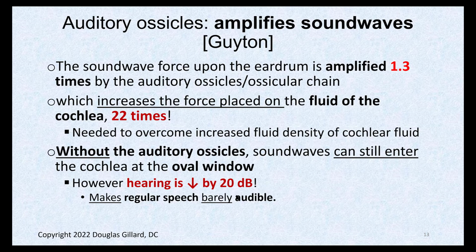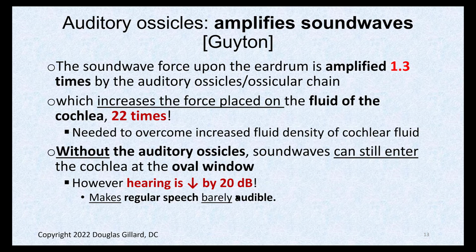They actually increase it by 1.3 times, but that 1.3 times increase in sound wave force hits the fluid of the cochlea 22 times harder than it would if there were no bones there at all. So it really increases the force of vibration entering the fluid that's in the cochlea.